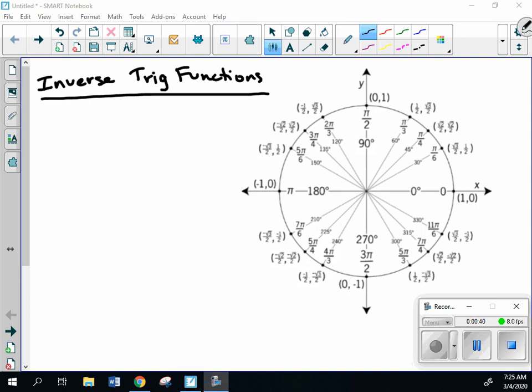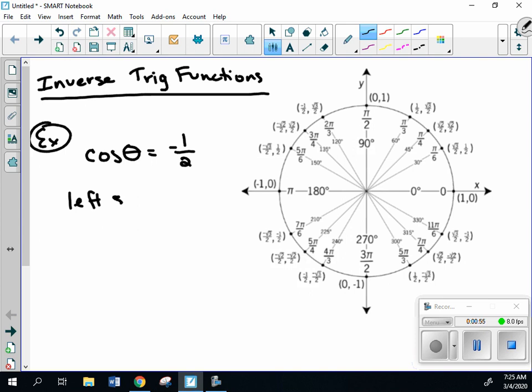So for instance, they will give you something that looks like cosine of theta equals -1/2. Okay, so we know that cosine is on the left side, and we're looking for something that has that -1/2 on the left side of our coordinate.